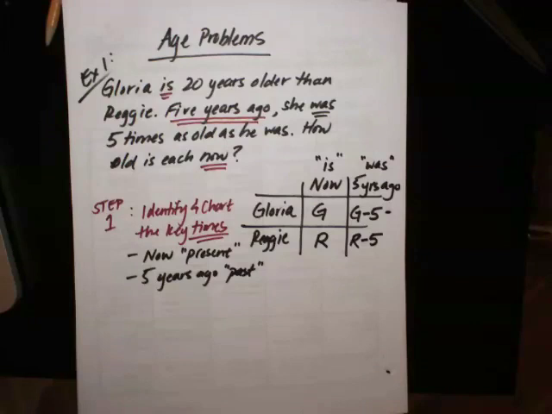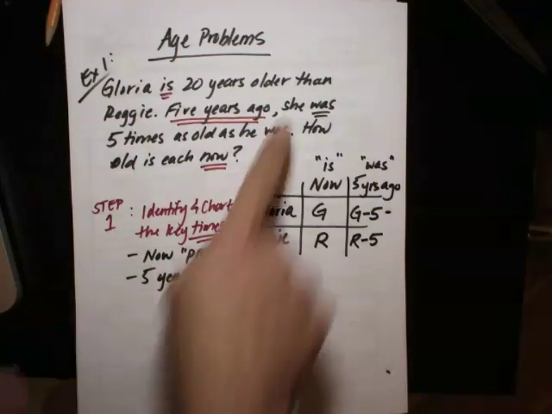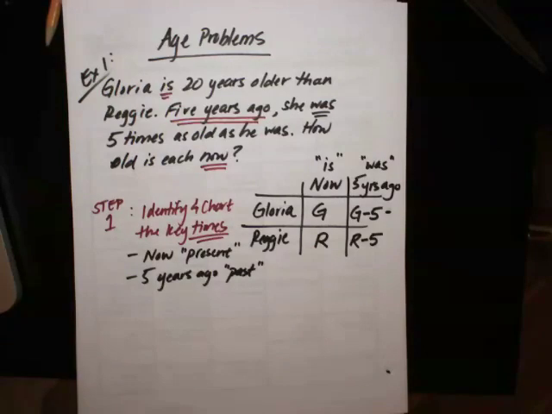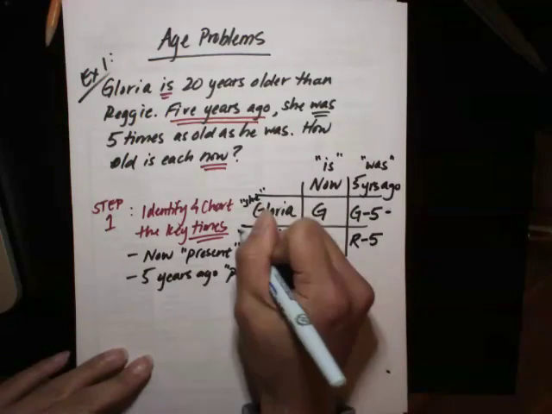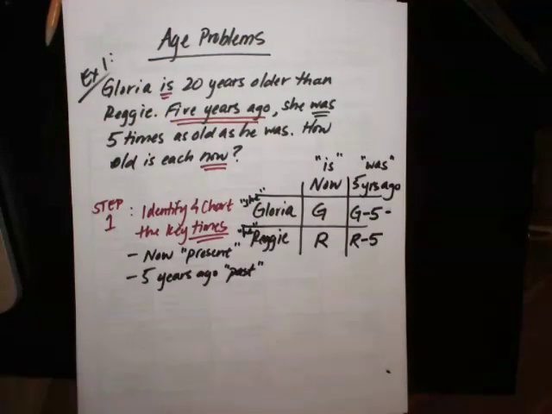Gloria in this case is the girl, so you'll see her referred to as she, and sometimes I like to write that in just so you know. And here's he in the problem, as Reggie is referred to. So this information will help us translate the sentence into two equations that we can use.